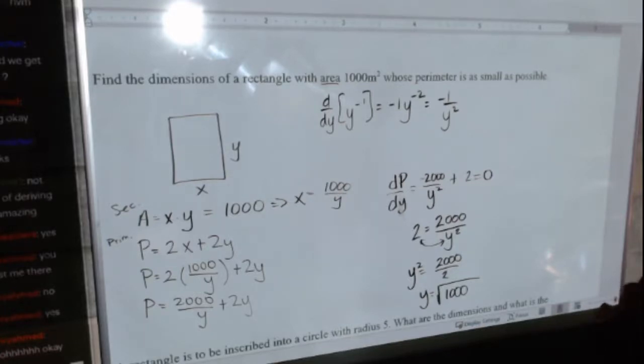So that's sort of where the part where it says to create a feasible domain steps in.